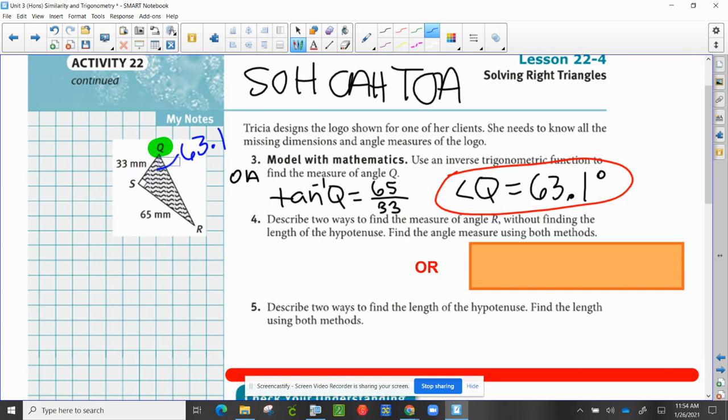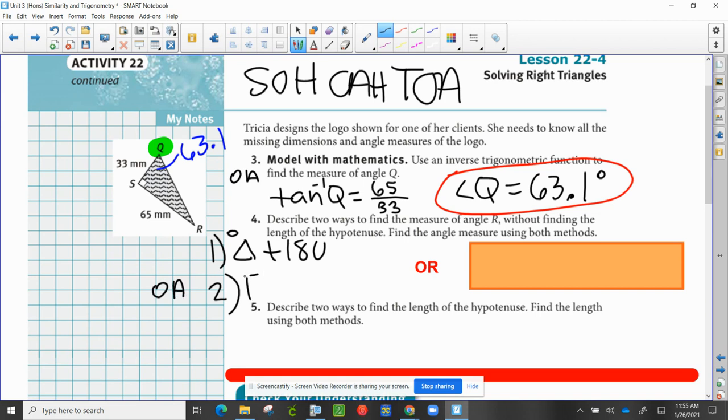So how could you find angle R here, the last angle here in our triangle? Well, one way is to use that the triangle must sum to 180 degrees, right? That's one way to do it. Another way is, if you're trying to find angle R, you're given the opposite side and the adjacent side again.